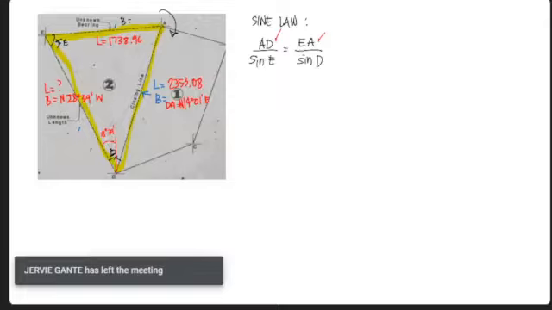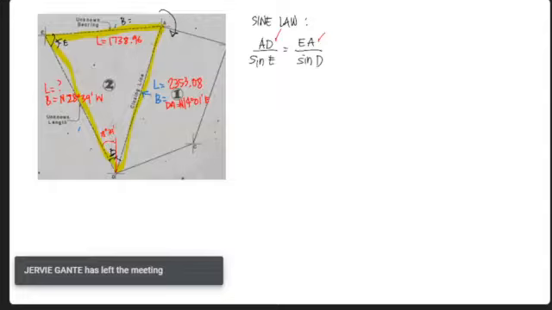So, from here, we can determine our E. So, i-substitute lang natin yung ating value. So, thus, since our AD is 2,353.08 over sine E. So, ito yung ating hahanapin.